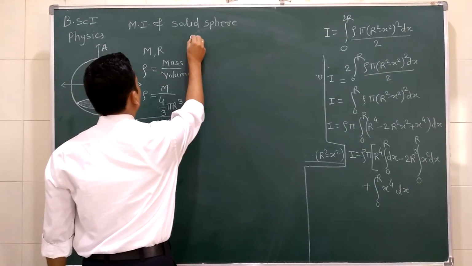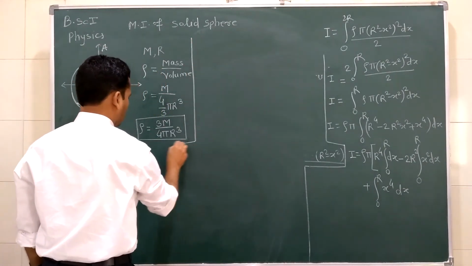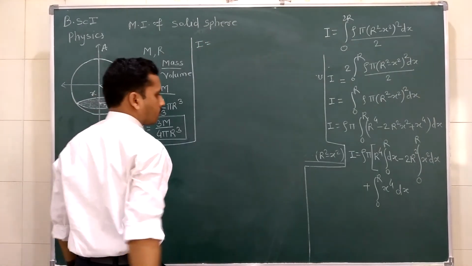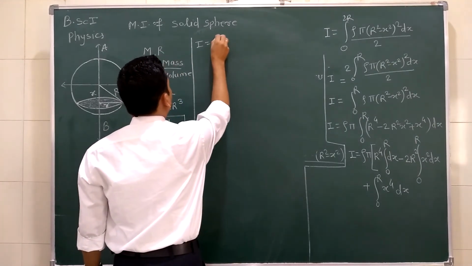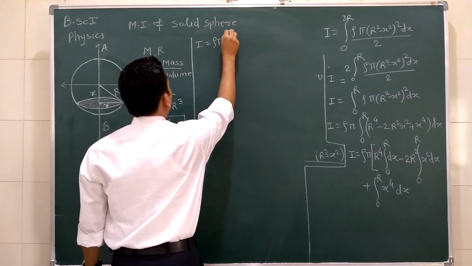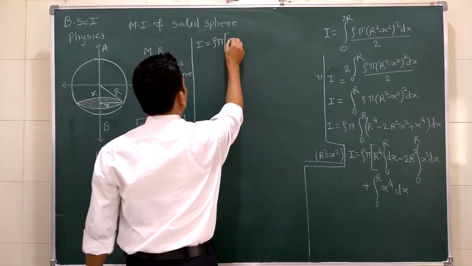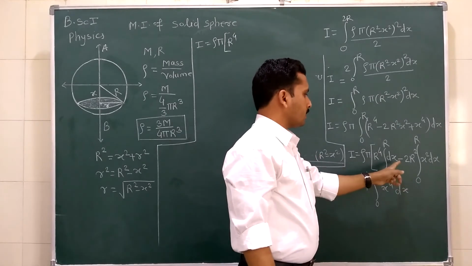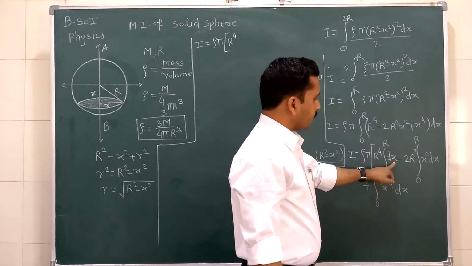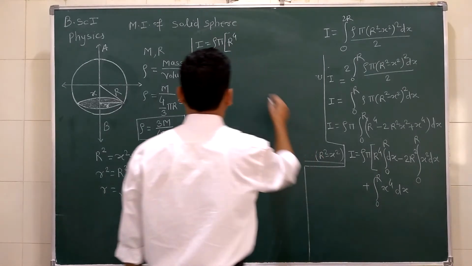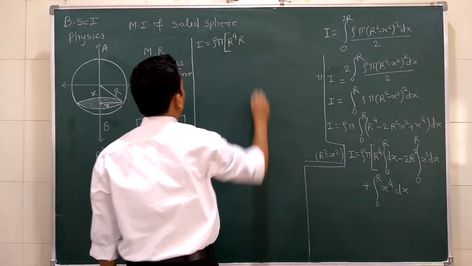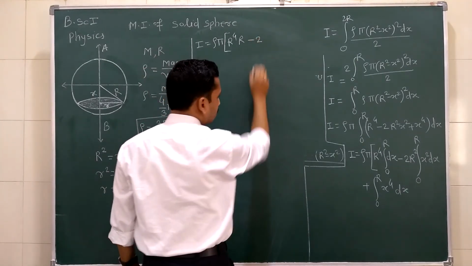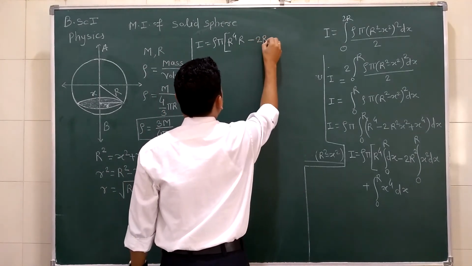So what is I equal to? Let's start. I is equal to rho multiplied by pi in bracket: r to the power 4, and the integration of dx is equal to x, within the limit 0 to r, so it is r, minus twice r square.